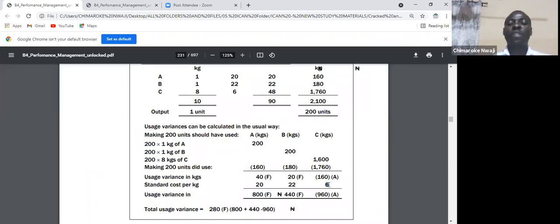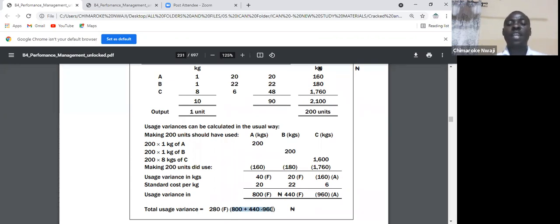And so after getting their individual usage variances, you can now add them together to get the total usage variance. So you're going to add this 20 favorable with 440 favorable. When you get to adverse, do your minus. And so that's what you do here. If the resulting answer is positive, then you have a favorable variance.